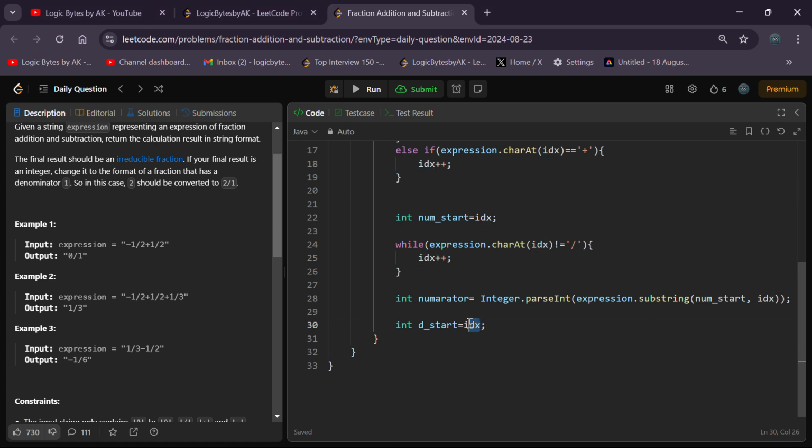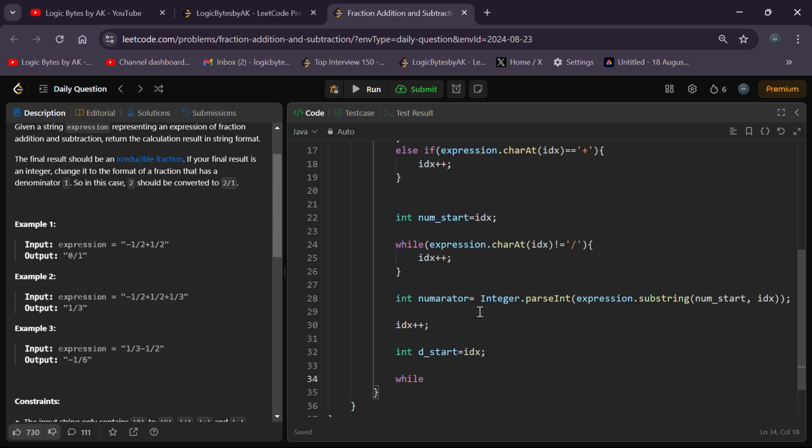We have to increment idx right before, because up to here it does not consider the slash index, so we have to move after the slash. After moving, we store the idx starting for the denominator.